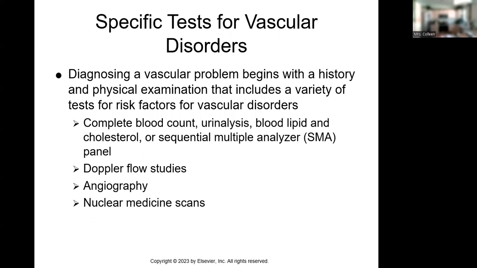We're looking also at blood lipids and cholesterol. Also, they may do a Doppler flow study. Whenever we use a Doppler, that allows us to see the blood vessels. And they may perform an angiography, and they also may use nuclear medicine scans.